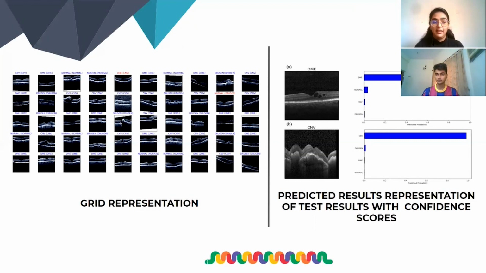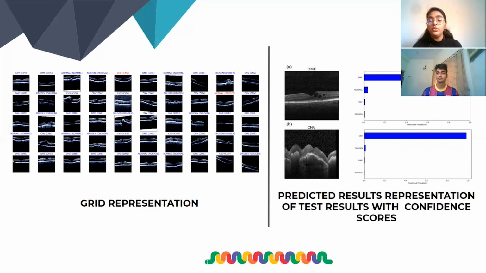How so? I'll explain it. What we did here is we took a random batch from our test set, and here we can see that the mislabeled data has been labeled in red, and the correctly classified data has been labeled in blue. This tells us about the performance of our model.